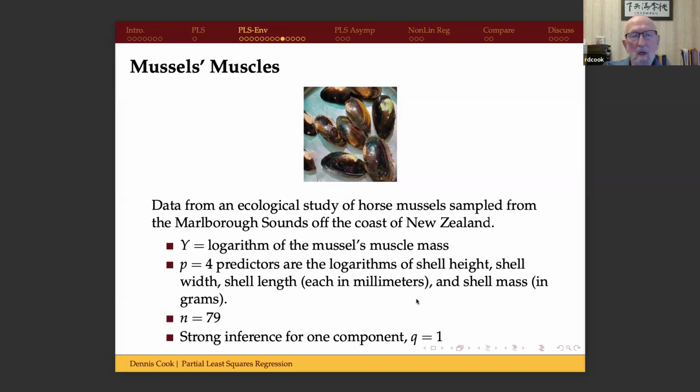The data is from an ecological study of horse mussels sampled from the Marlborough Sounds off the coast of New Zealand. Y is the logarithm of the mussel's muscle mass. And there are only 4 predictors: the logarithms of shell height, shell width, shell length, and shell mass. 79 observations, and there's strong inference for one component.